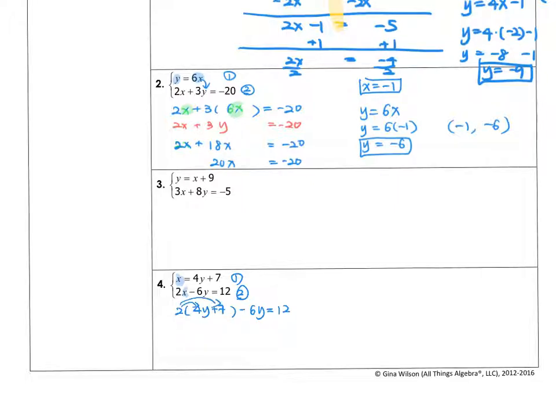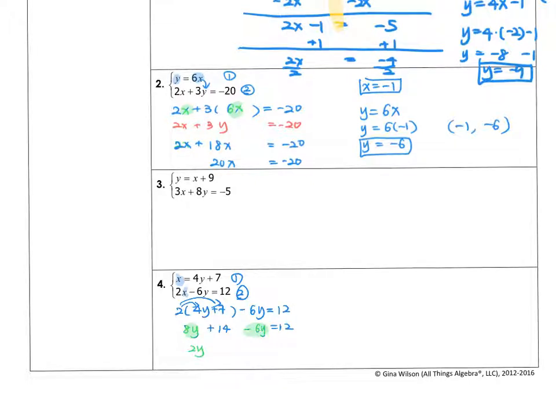Remember distributive property, 2 times 4y is 8y, 2 times 7 is 14, minus 6y equals 12. Again, notice my equal signs are all lined up. Now, in this equation, I have 8y minus 6y. So I can simplify that on the left-hand side. So I should have 2y left.